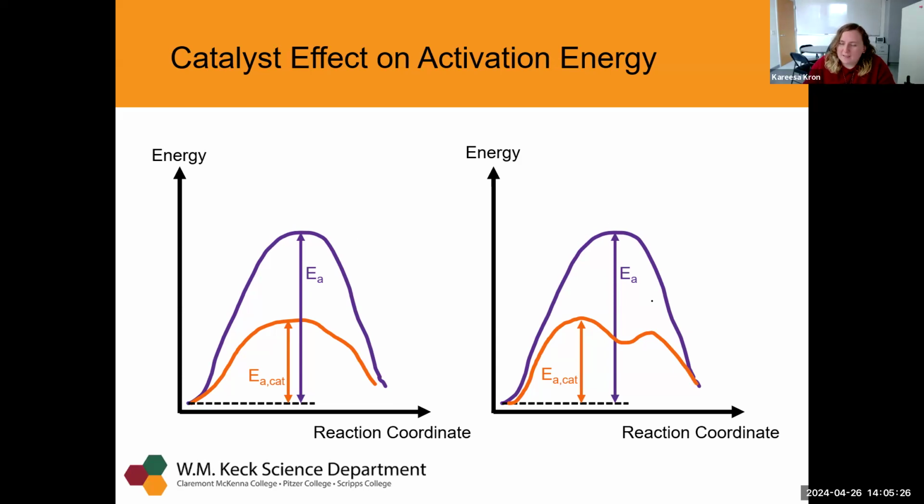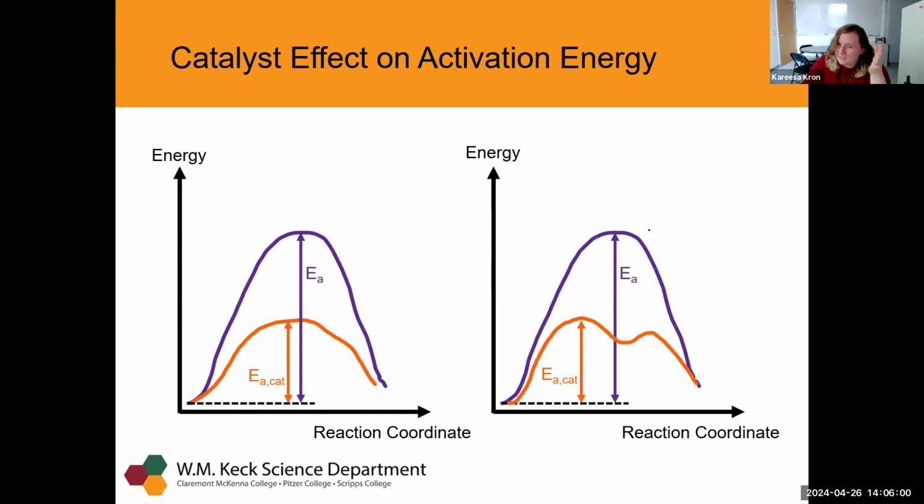The image on the right shows a catalyst that maybe provides a different mechanism by which the reaction can occur, so that it also has a lower activation energy. So maybe the key step in the mechanism for this first plot is unimolecular, and that's still true when you add a catalyst. It's also possible that the elementary step that is the rate determining step in your reaction can change in how it progresses.